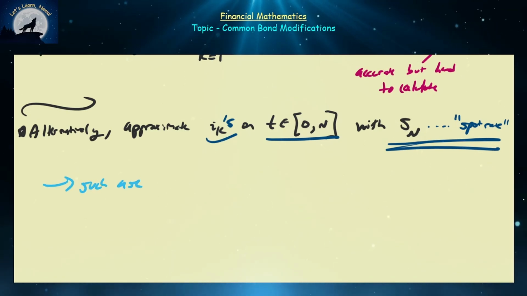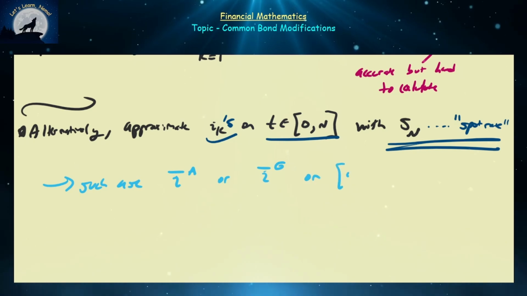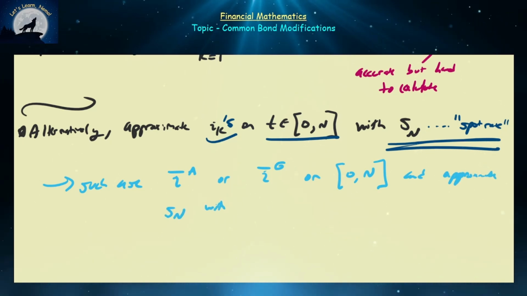We could do, for example, the arithmetic average of the interest rates or the geometric average of the interest rates on the interval 0 to n, and use them to approximate s_n, or other ones, right?